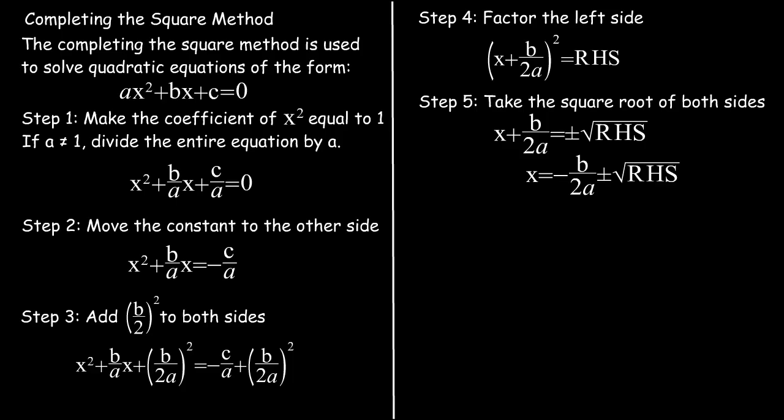Taking the signs singly, x1 equals minus b over 2a plus the square root of our right hand side, or x2 equals minus b over 2a minus the square root of our right hand side. This gives us the true values for x.